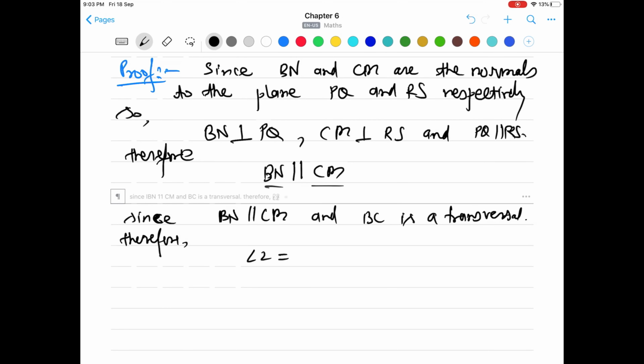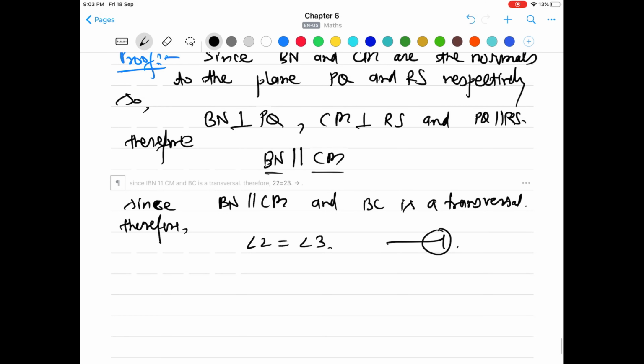So angle 2 equals angle 3. Let's name it equation 1 here.